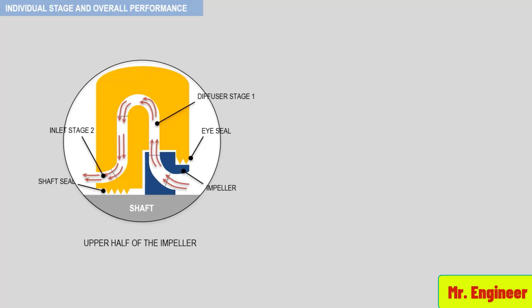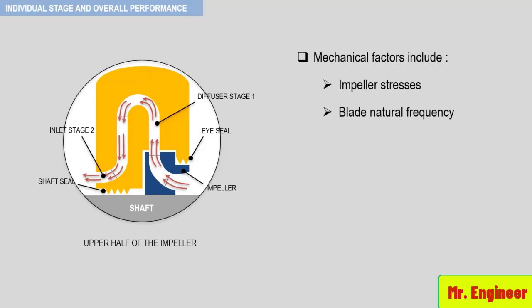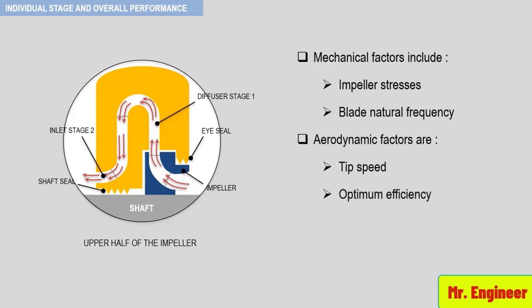Be aware that the amount of head produced by one stage is limited by certain mechanical and aerodynamic factors. The mechanical factors include the impeller stresses and the blade natural frequencies. Aerodynamic factors are tip speed, optimum efficiency, Mach number, and flow range considerations.